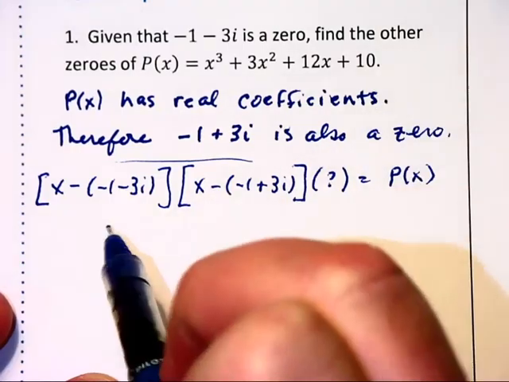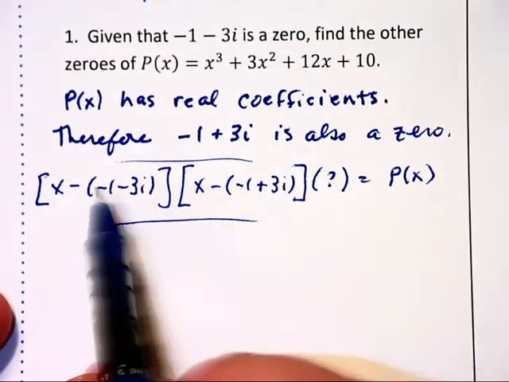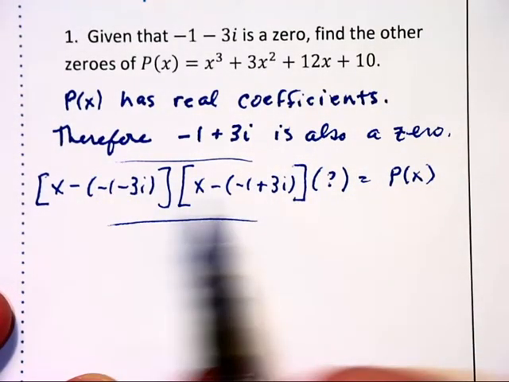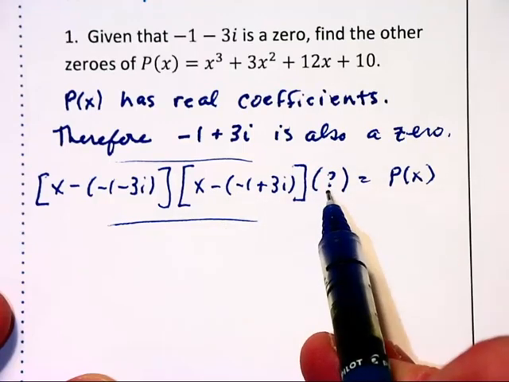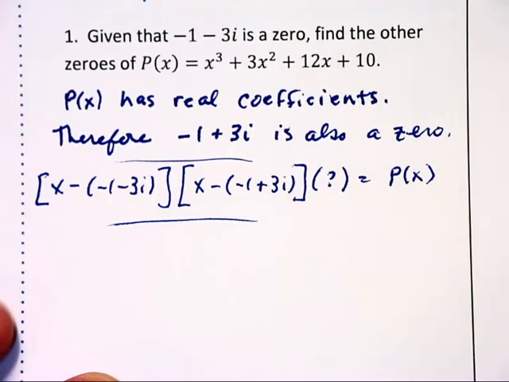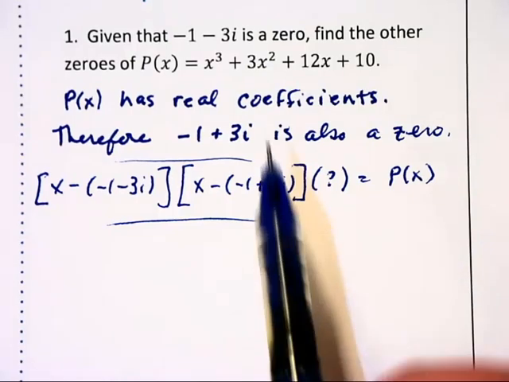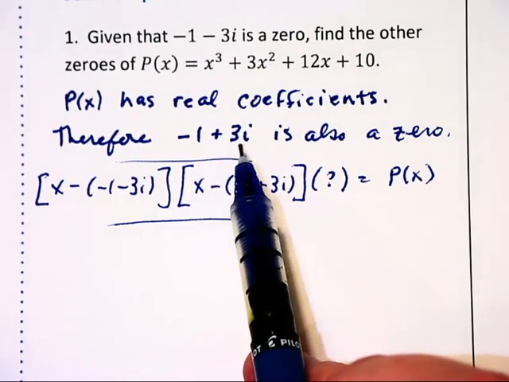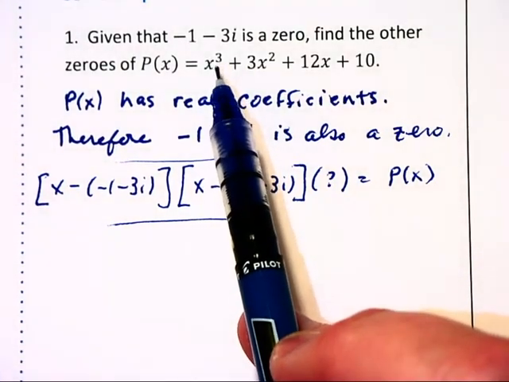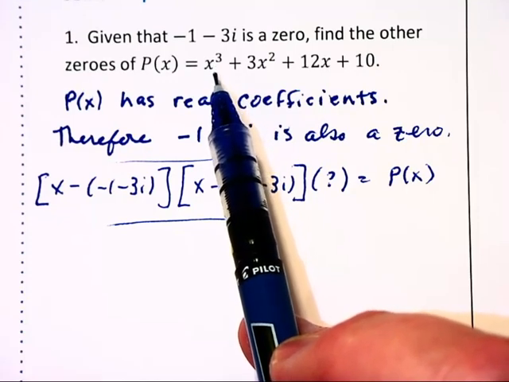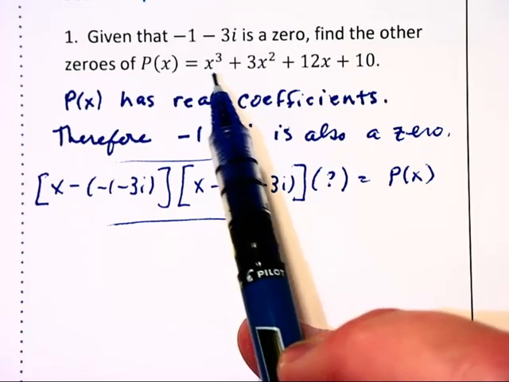This is not the best method because you've got to do all this distribution and then divide this out of p of x to see what the remaining factor is. Since two of our zeros are imaginary and there's only one more zero because it's a third degree function, that last one must be positive, or a real, I should say.